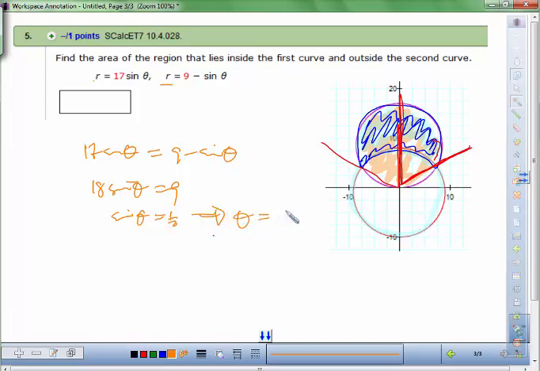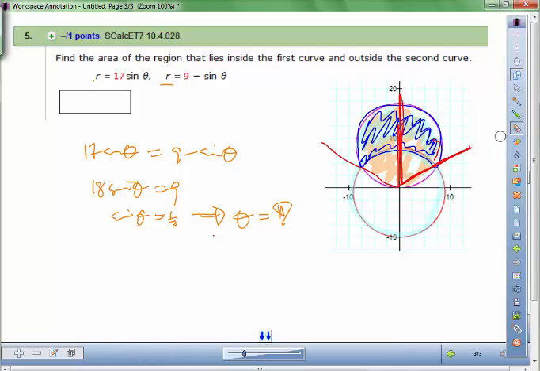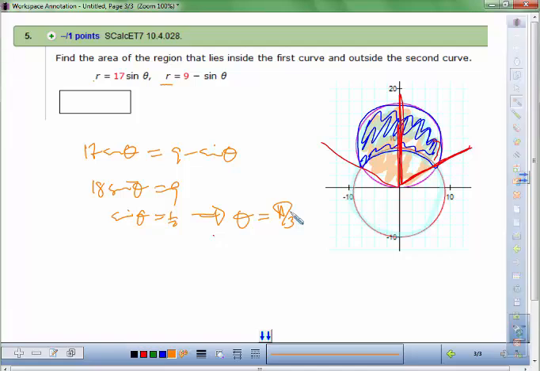Theta is equal to pi over 3. Oh, wait, no. Sine, I got pi over 6. Okay. My bad. It's sine, right? Pi over 6.